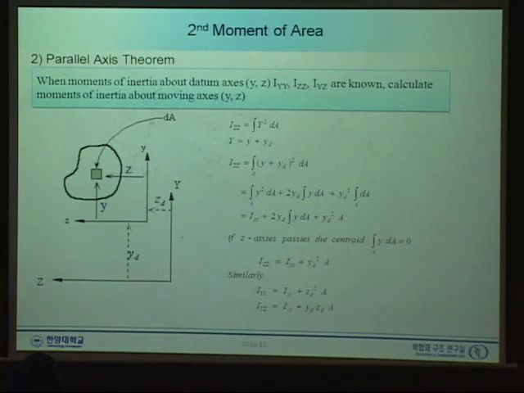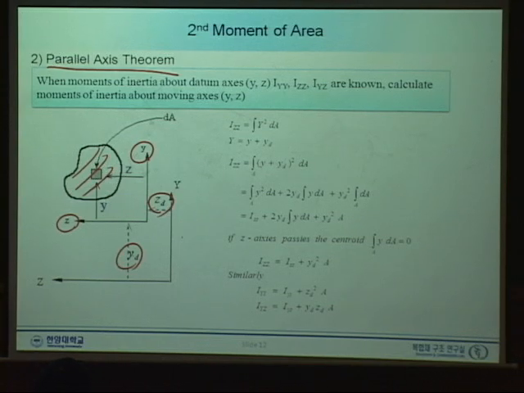And this is the parallel axis theorem. Let's say you have a moment of inertia with respect to y and z, and what if these cross sections are moved by ZD and YD, which means the moment of inertia with respect to the new Y and Z axes. The condition is that the Z axis should pass through the centroid.